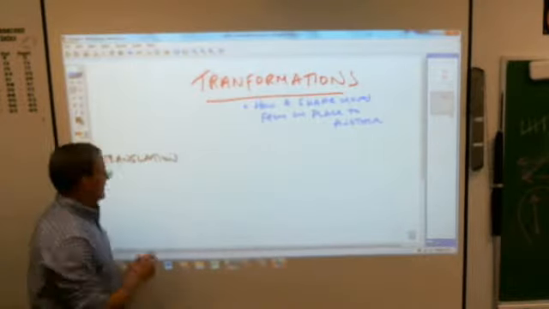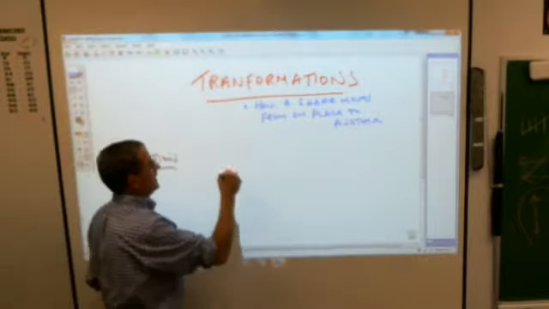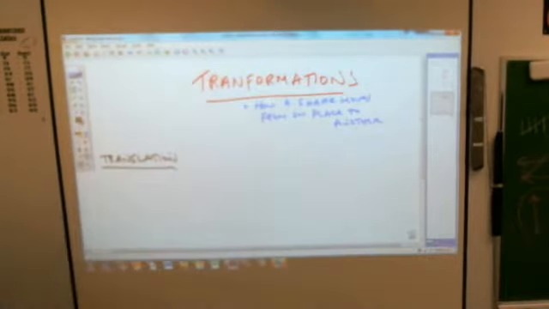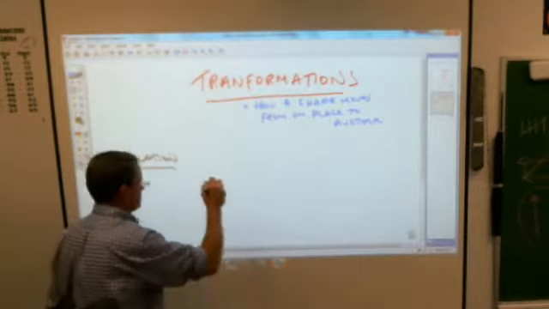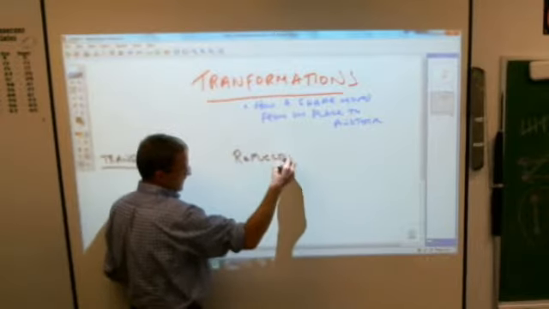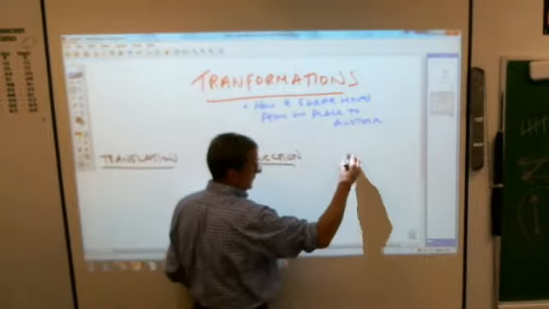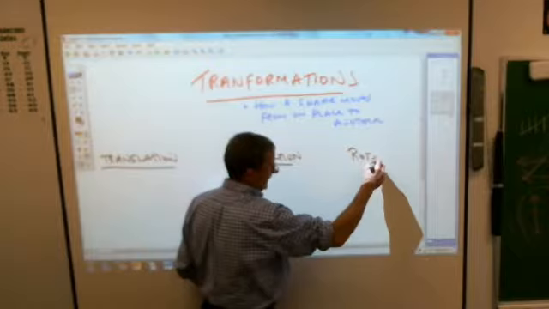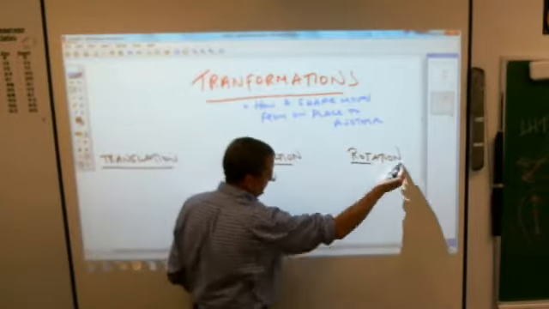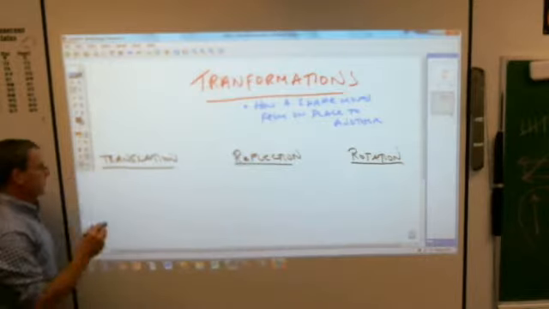You have the reflection. And we have the third one, which is a rotation. And these are the mathematical names. We can put some generic names in there to help us.